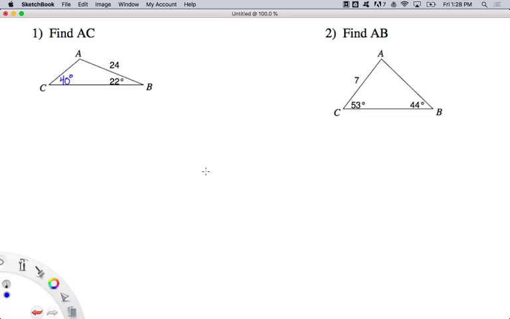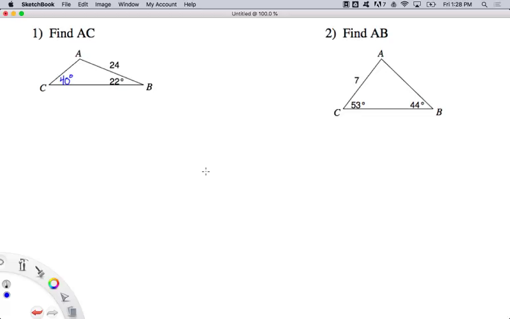Now, I know I'm using law of cosines or law of sines because I don't have a right triangle. The question is, how do I know I'm using law of sines? Well, I know I'm using law of sines when I have two sets of angles and opposite side pairs. What does that mean? I've got this angle and its opposite side.